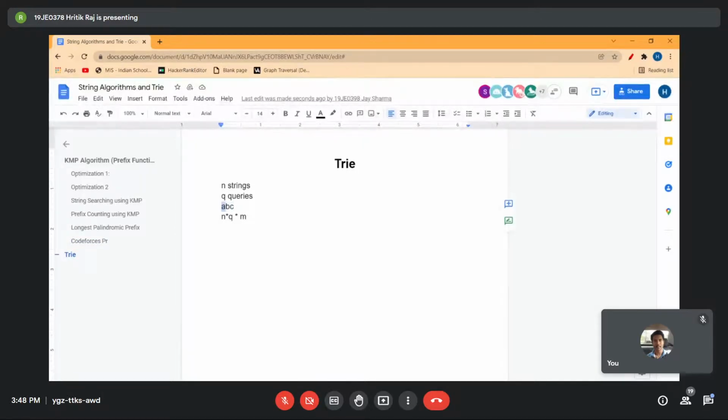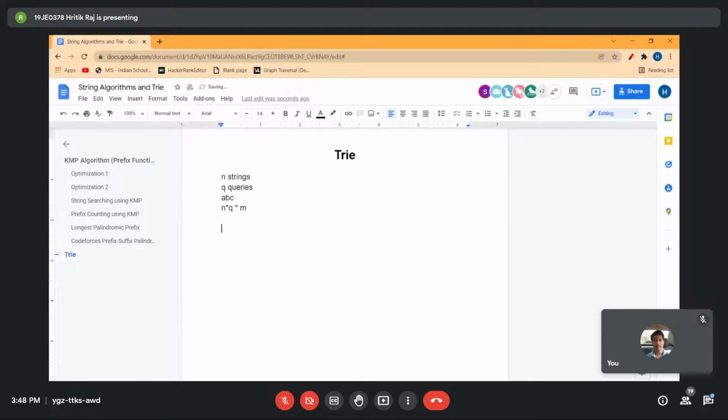So if we somehow divide all the n strings into buckets, one which starts with A, one which starts with B, similarly for the others, then what would be the time complexity to find the string?